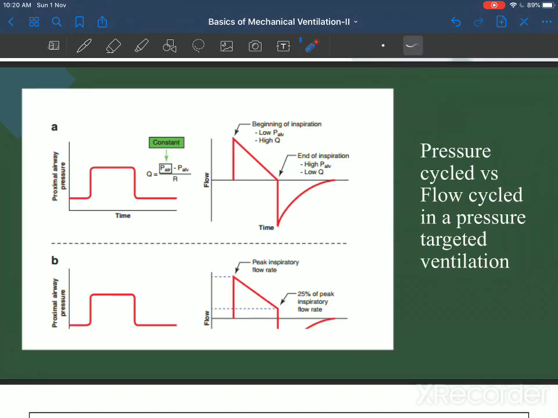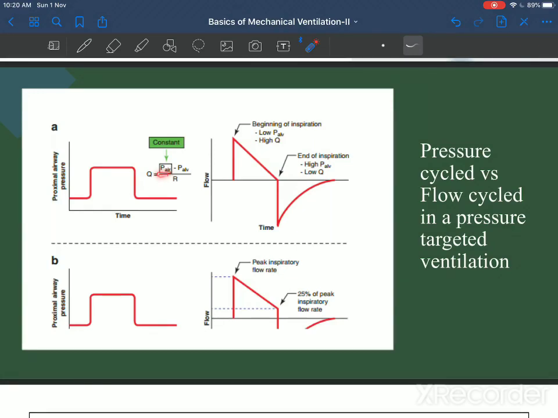Okay. So here it is a pressure targeted ventilation. You have a pressure cycled and a flow cycled curve happening here. Correct? So the pressure and flow waveforms in a pressure targeted mode demonstrate this decelerating ramp flow waveform. The proximal airway pressure remains constant, because this is pressure targeted. You do not expect the pressure to change much.